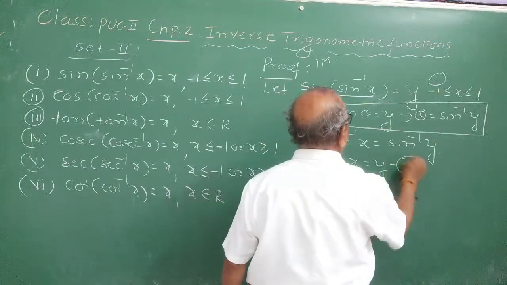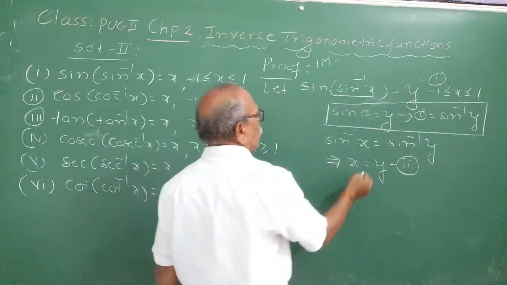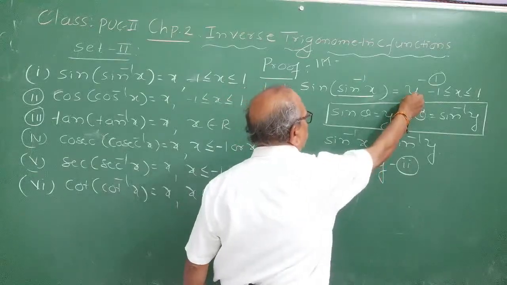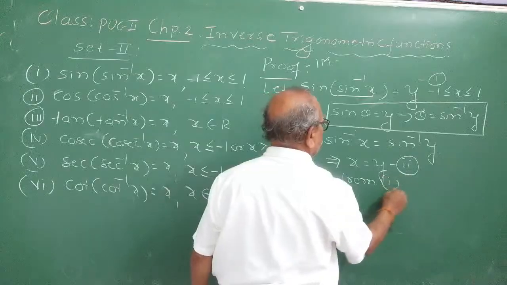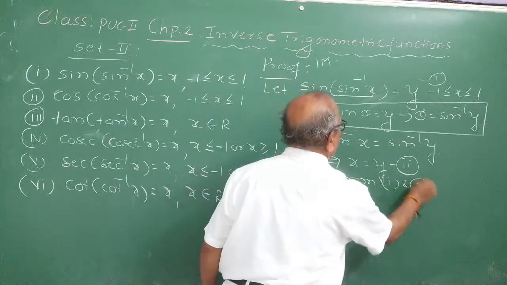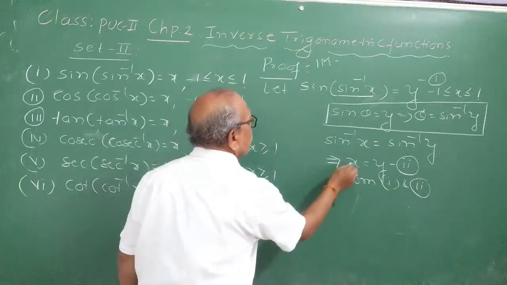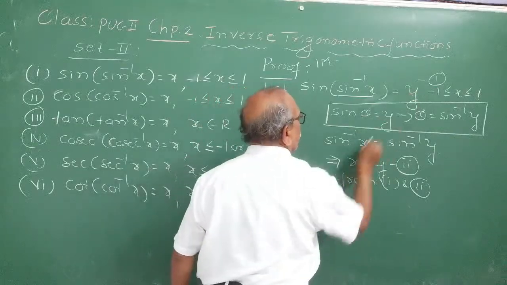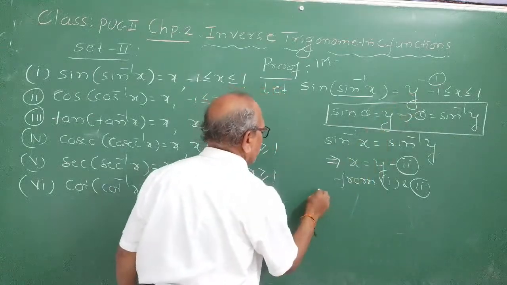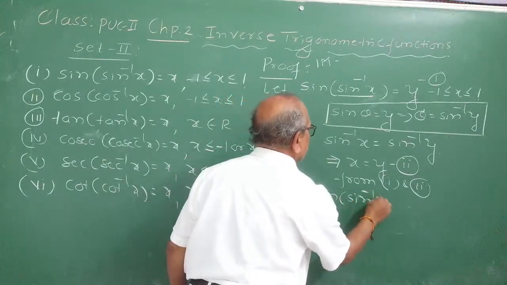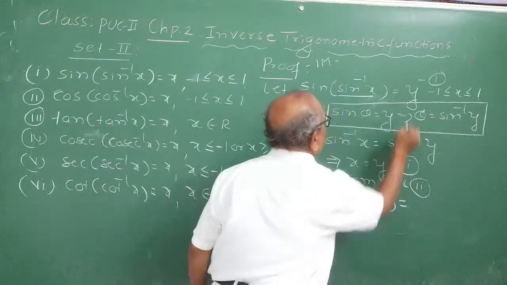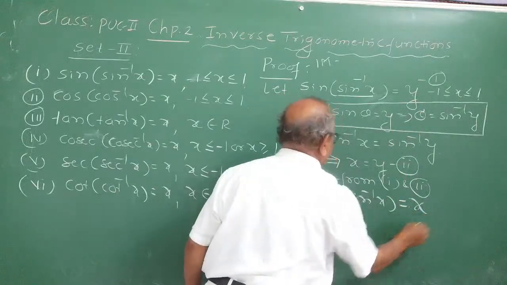Call it equation number 2. Now from 1 and 2, you can write that wherever there is y, you can put x there. Therefore, sine of sine inverse x is equal to x.